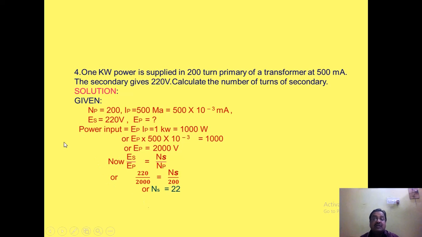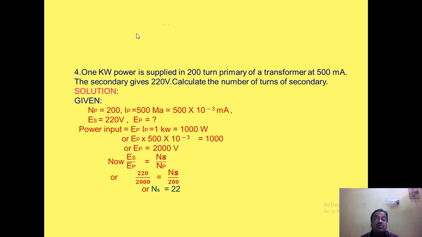Now the next example we will take up, related to a transformer. Here 1 kilowatt power is supplied to the 200 turn primary of a transformer at 500 milliampere. The secondary gives 220 volt. Calculate the number of turns of secondary.